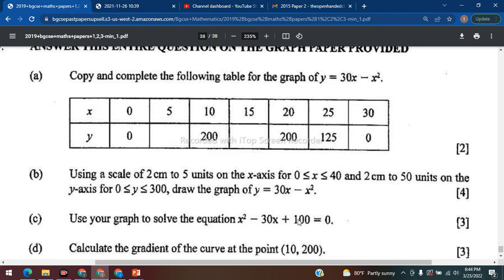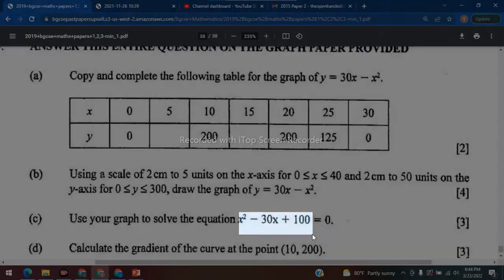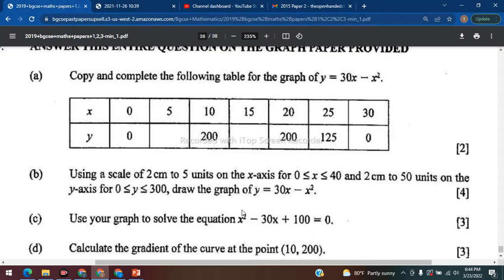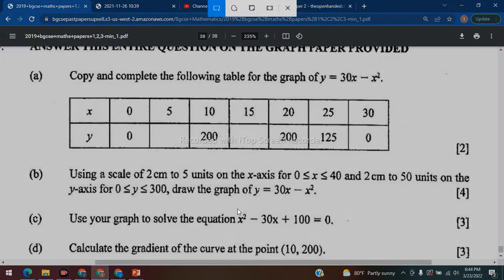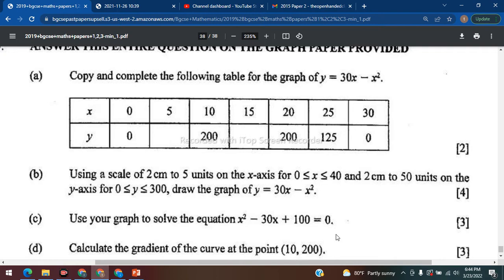Okay, let's try to do something. They're saying use our graph, right? That's this one. Use our graph. That means you need to solve this.